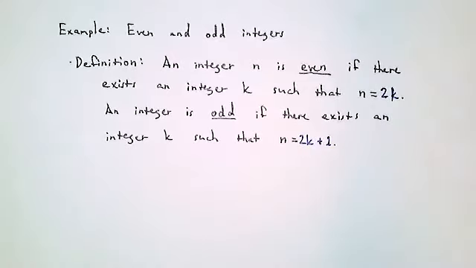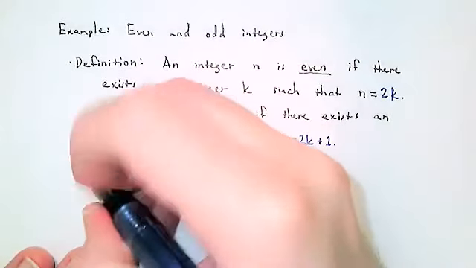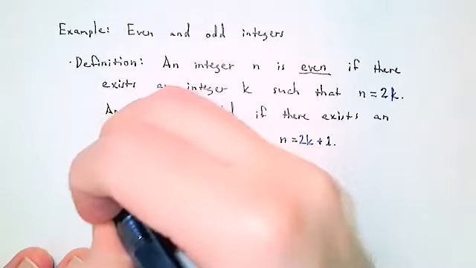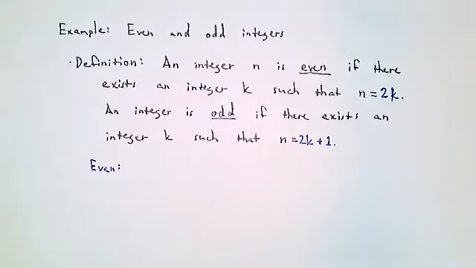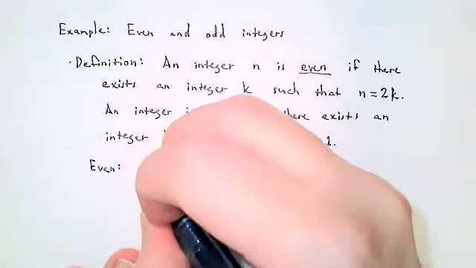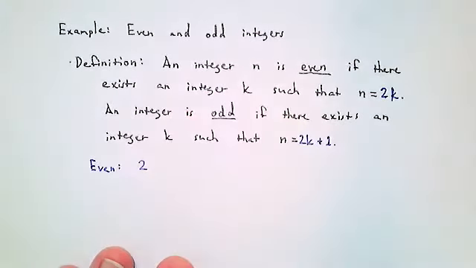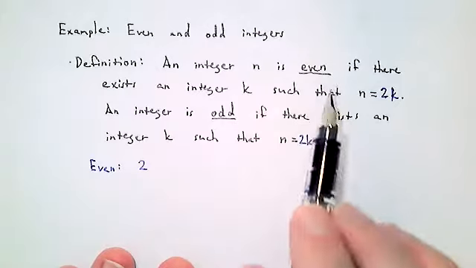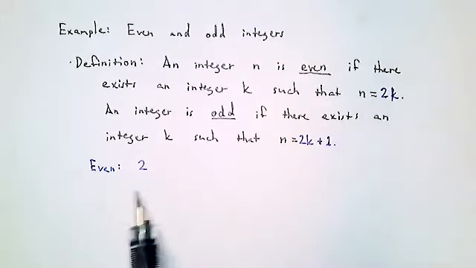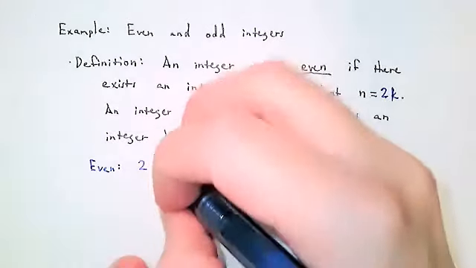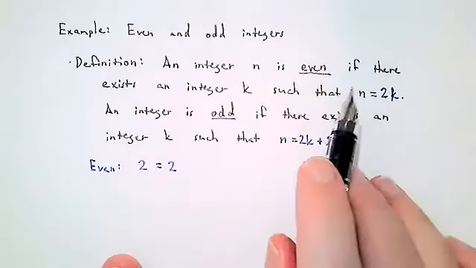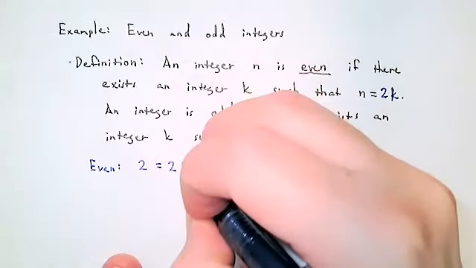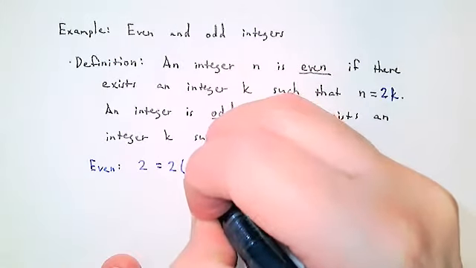Or maybe we should check that we actually have a good grasp of these definitions by just thinking about some numbers that we know and then putting them in terms of the definitions. For example, 2 is an even number, of course, and making it match the definition, it's even because 2 is equal to 2 times 1.